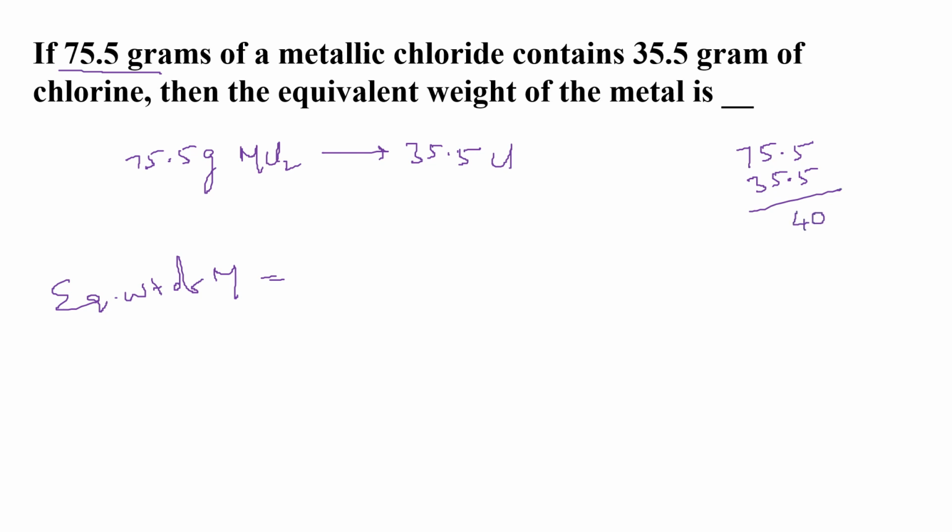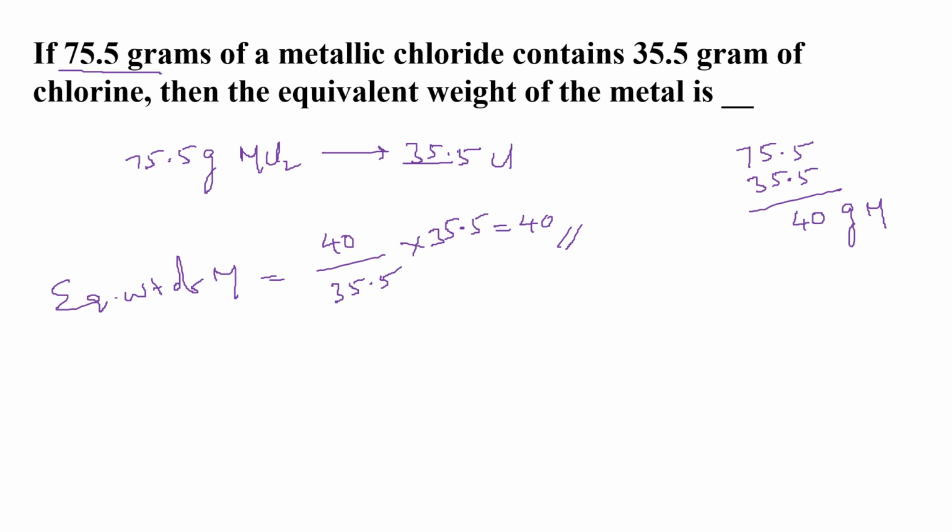You will get 40, nothing but 40 grams of metal. So this is 40 grams divided by the mass of chlorine, 35.5, into 35.5, because the equivalent weight of chlorine is 35.5. Then you will get 40 as the answer, which means the equivalent weight of the metal is 40.